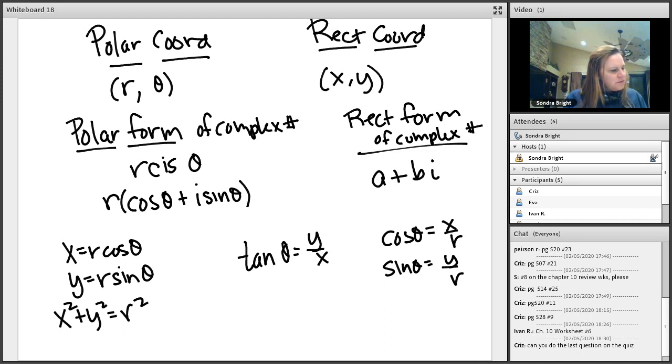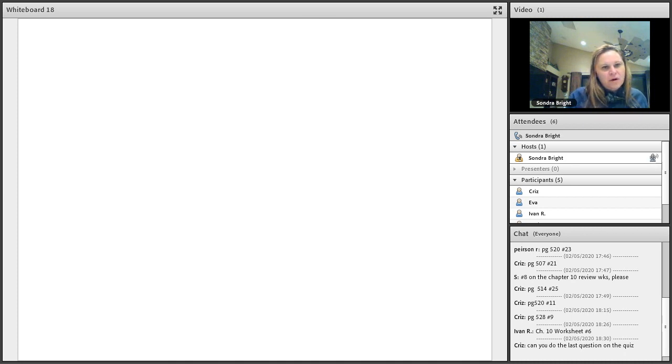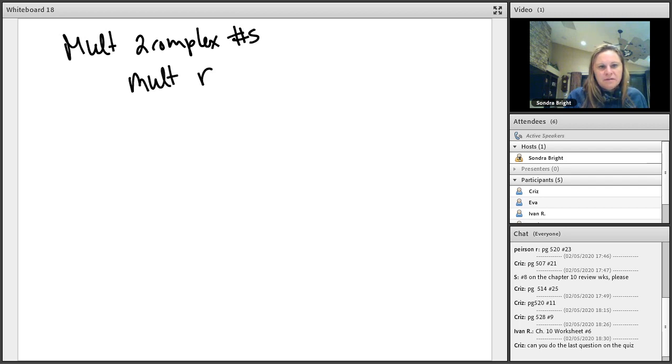And what else? If you are finding the product, multiplying two complex numbers, then you'll multiply the r's and add the thetas, add the angles.